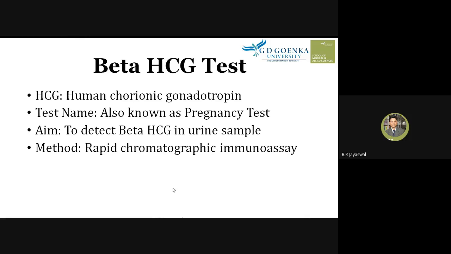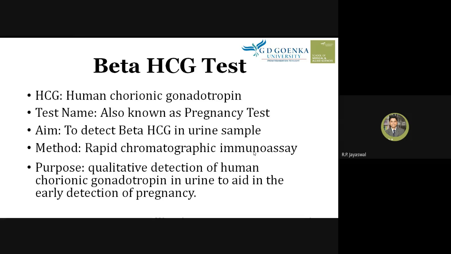And here we have used immunoassay because the reaction is an antigen-antibody reaction. So the method is called a rapid chromatographic immunoassay. We have compiled two methods, one is a chromatography technique and the other an immunoassay technique. Both techniques have been used to perform the HCG test.